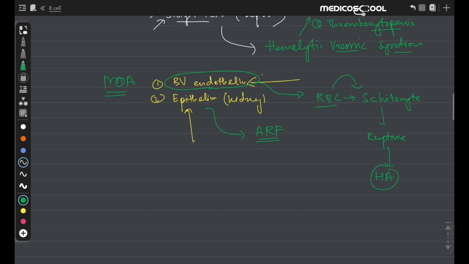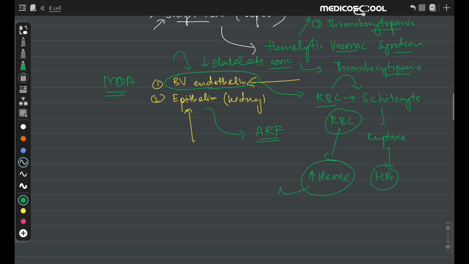Also, when this endothelium is damaged, the platelets will adhere to the endothelium, and there will be a decrease in the platelet concentration in the blood, and this will result in thrombocytopenia. Also, when the RBCs are broken down, there will be release of a lot of heme.